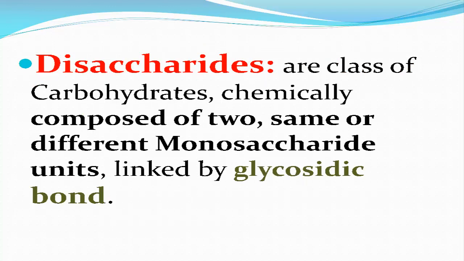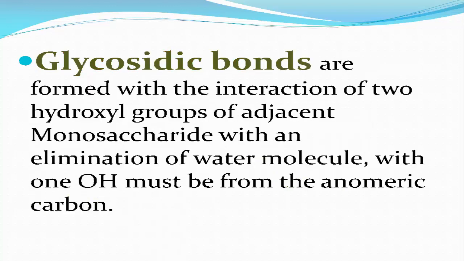So what are the disaccharides? They are the carbohydrates where two monosaccharides are joined. And how are they joined? They are joined by a particular type of bond known as the glycosidic bond. So what is a glycosidic bond? It is a bond formed when two molecules are joined through two hydroxyl groups, but one of the hydroxyl groups has to be the monosaccharide's anomeric carbon OH.